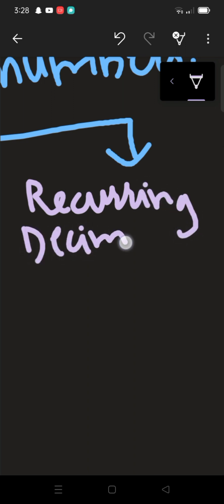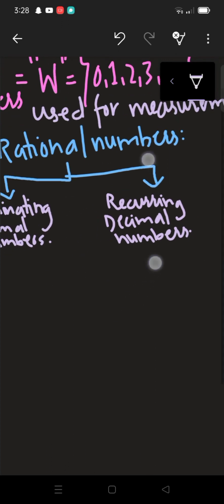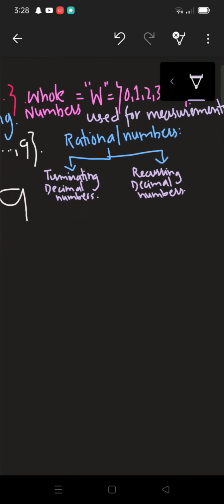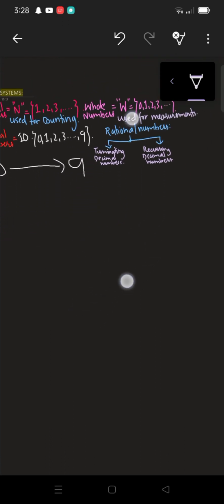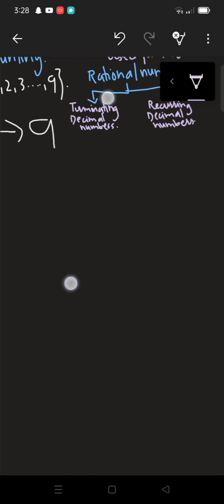If they are terminating decimal numbers, they will be rational numbers, and if they are not terminating, however they are recurring decimal numbers, they will be also considered as rational numbers.